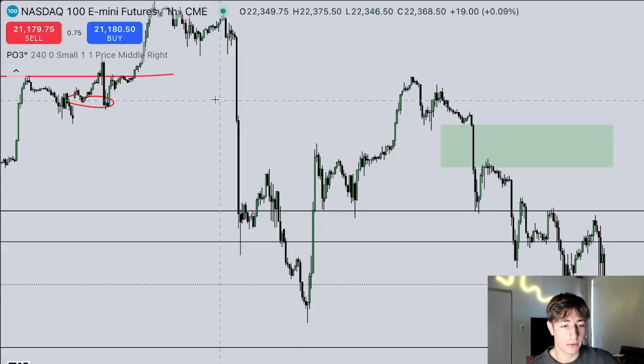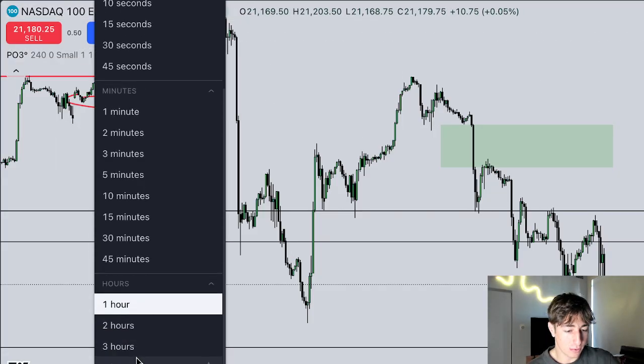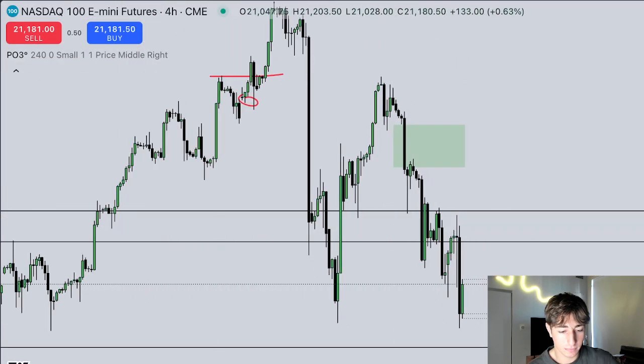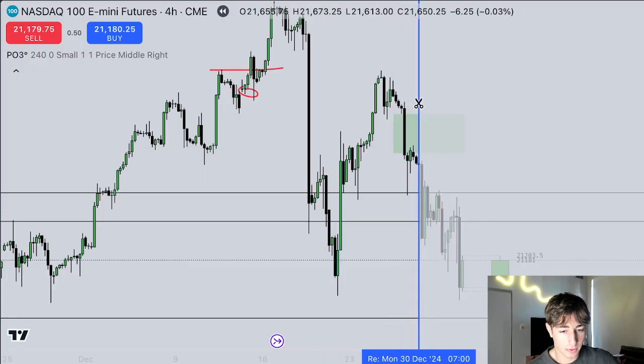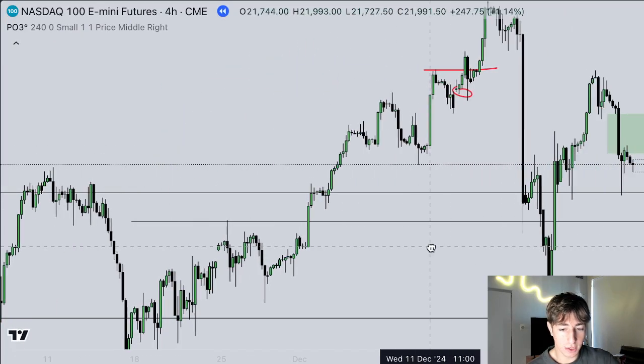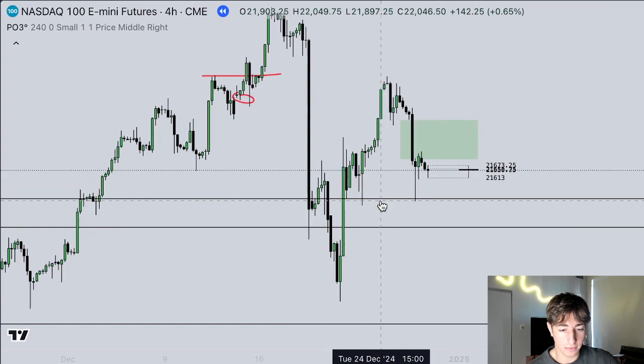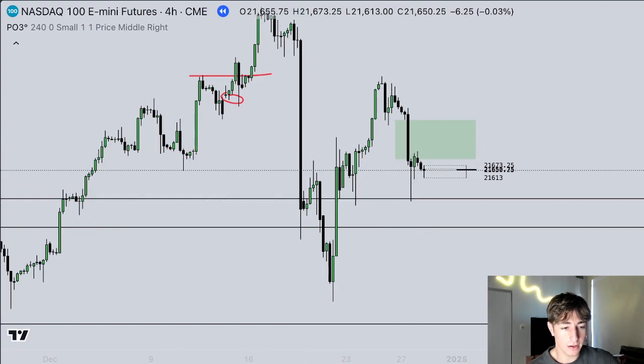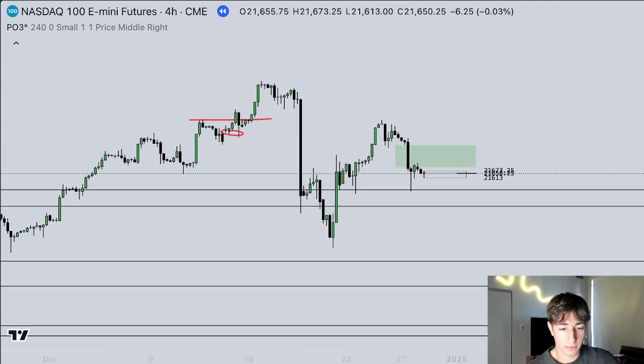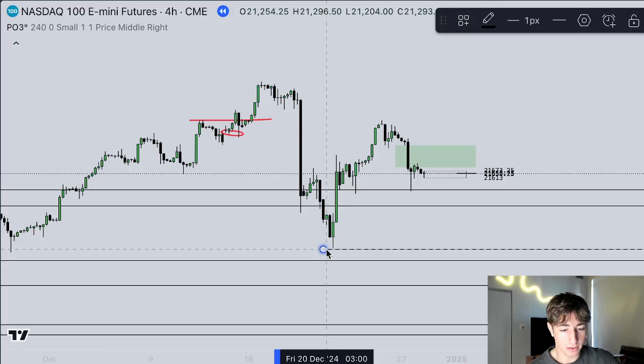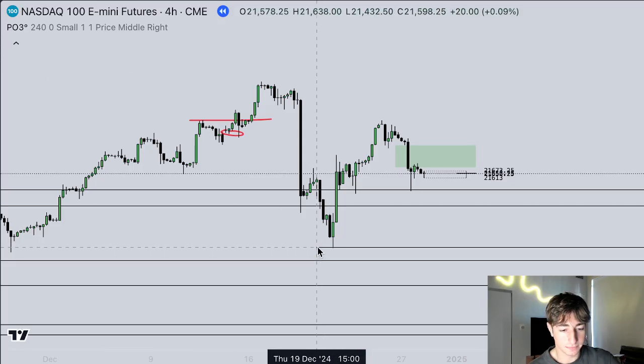Now, back to the 4-hour real quick. What's going to be our next target here? We hit internal range liquidity. We're going to target external range liquidity right down here.